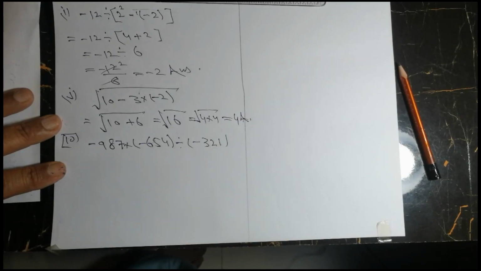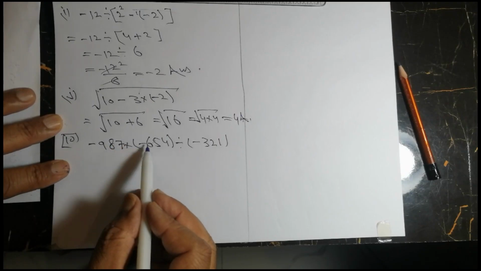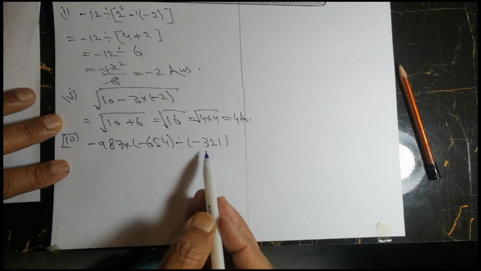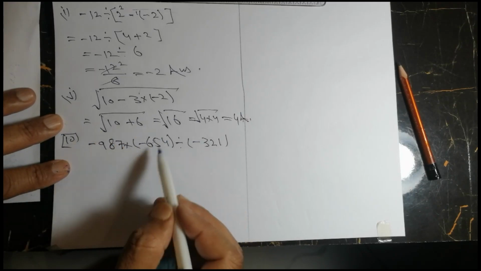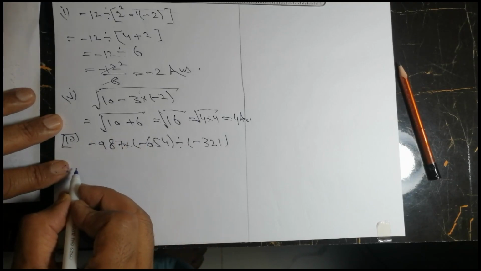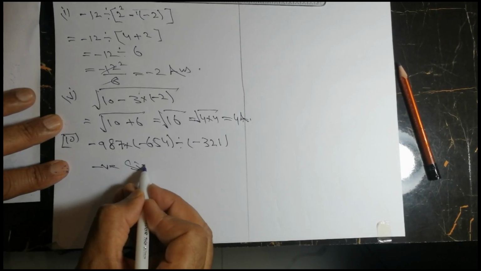So without solving, explain whether the value is positive or negative. So this is minus plus, and when we divide with the minus, ultimately minus becomes with the number, so its sign will be negative.